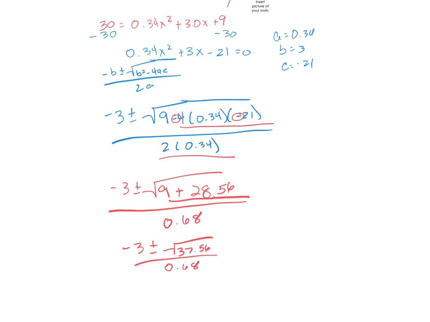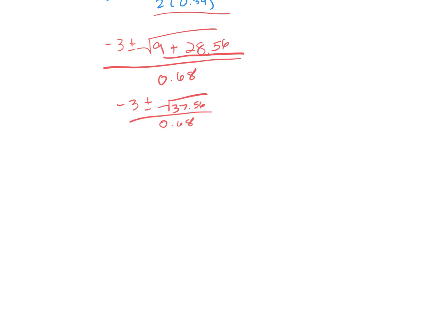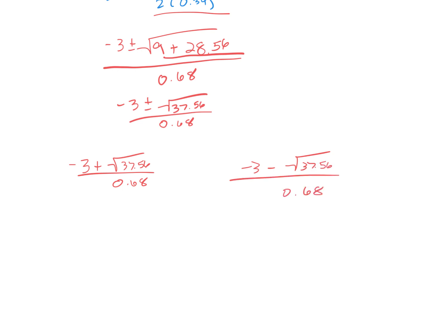At this point, I'm going to break it into two separate expressions. -3 plus square root 37.56, all of that over 0.68, and -3 minus square root 37.56, all of that over 0.68. Okay, I'm going to use my calculator, and I'm going to find what that square root is.